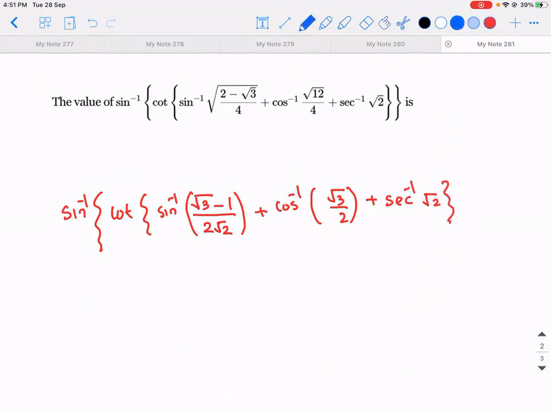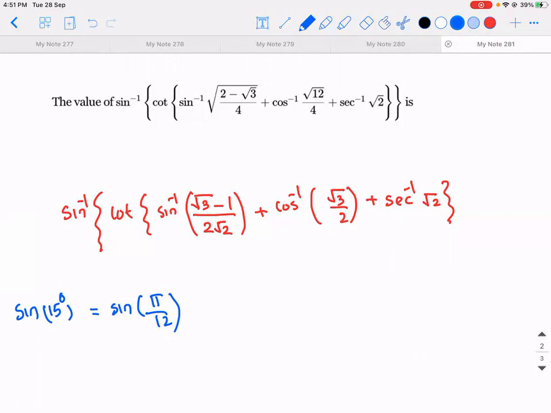We know that this is the value for sine of 15 degrees, that is sine of pi over 12. Sine of pi over 12 is root 3 minus 1 by 2 root 2.